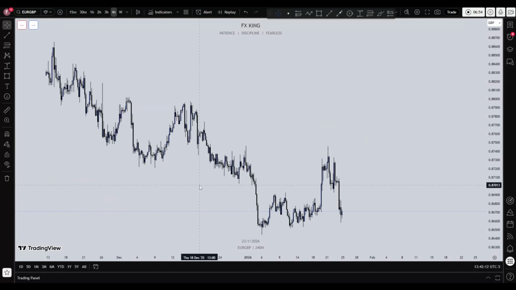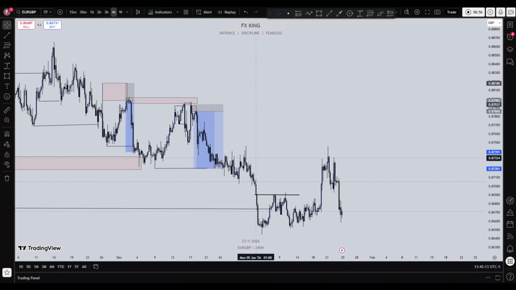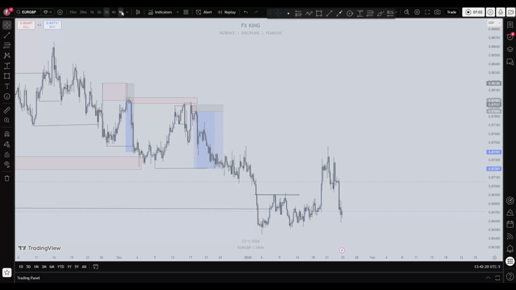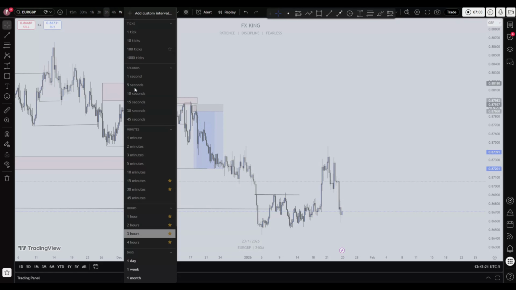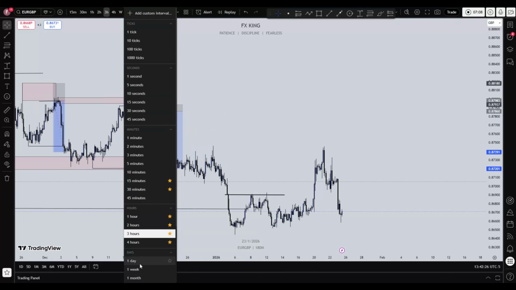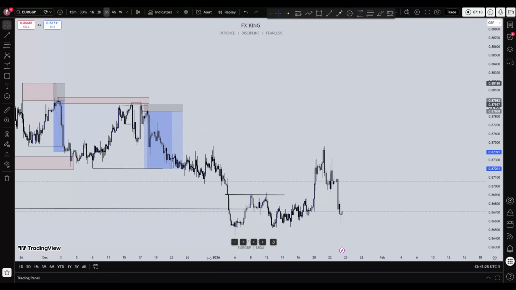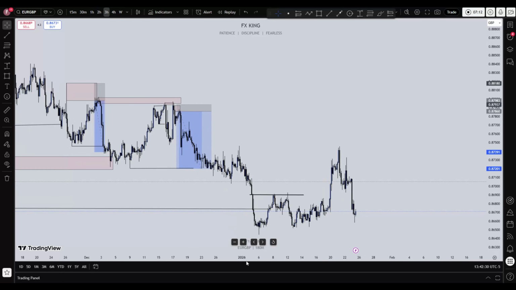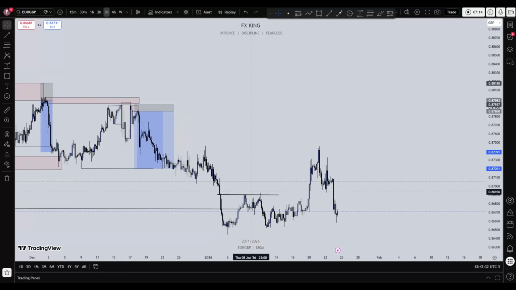Let's go to a non USD pair. Okay. So on this pair, basically we have this pair reacting from a zone here.